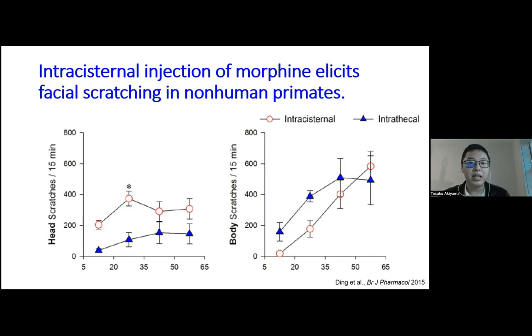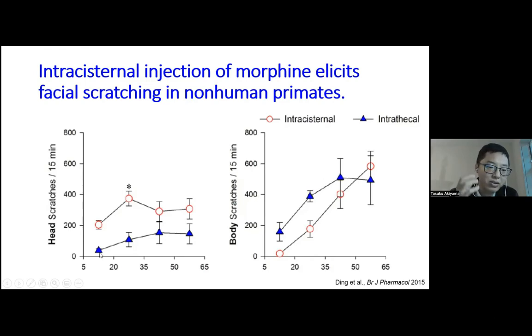This is data from a non-human primate, where they injected morphine intracisternally and intrathecally. After the intrathecal injection, shown by the blue triangle, scratching of the body occurs immediately and then increases slowly.